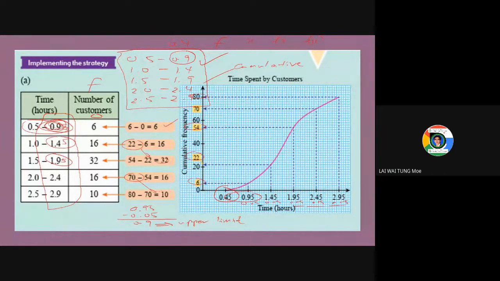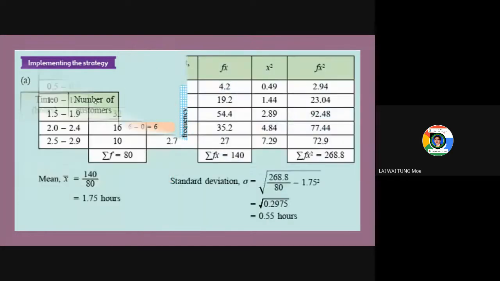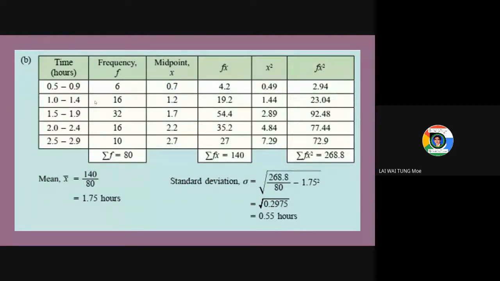You need to make sure you find the frequency, not the cumulative frequency. After you have found the class interval and the frequency, you can proceed to construct your frequency table, just like the previous exercise.